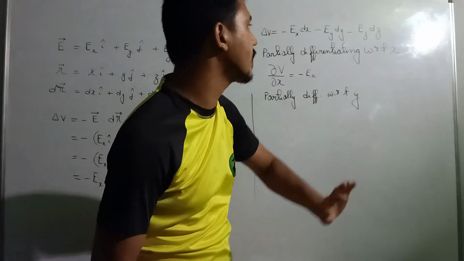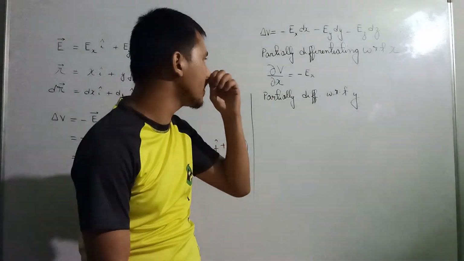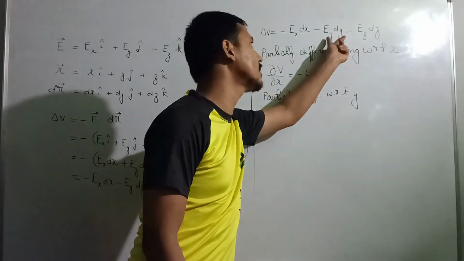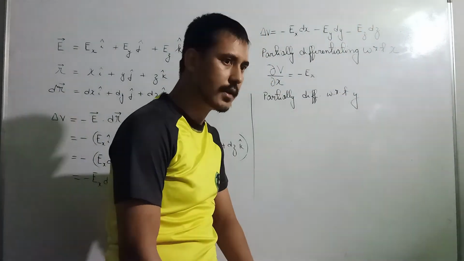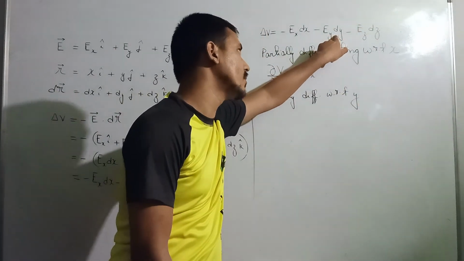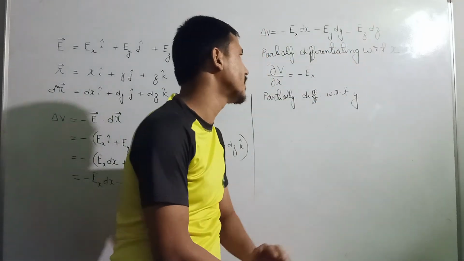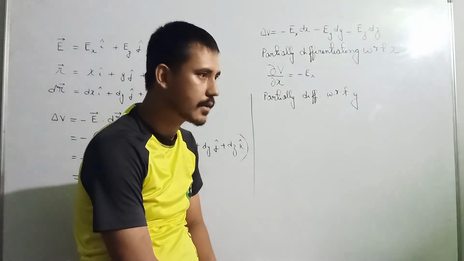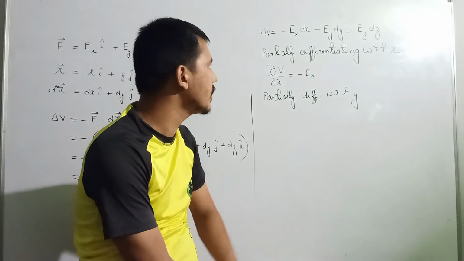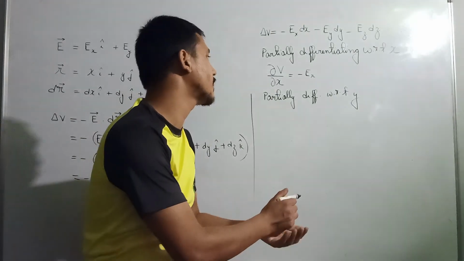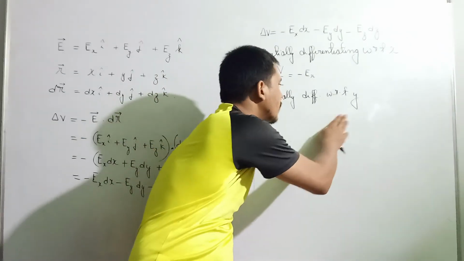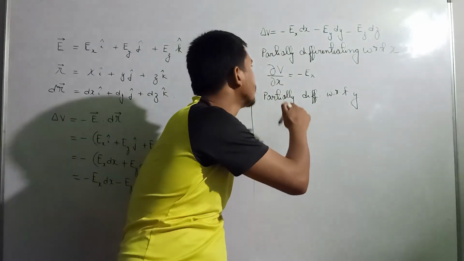Here actually they are not constant functions, but since I'm differentiating with respect to y, I have to think that these two are constants. So differentiation of this will be 0, differentiation of this also will be 0. Is it okay? Let me not make it more trouble here.